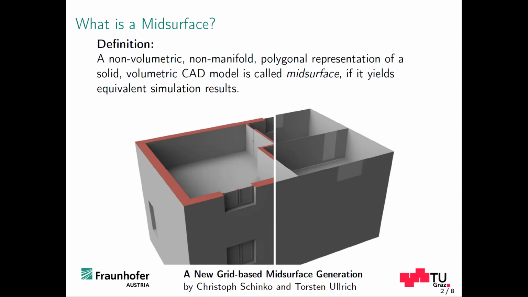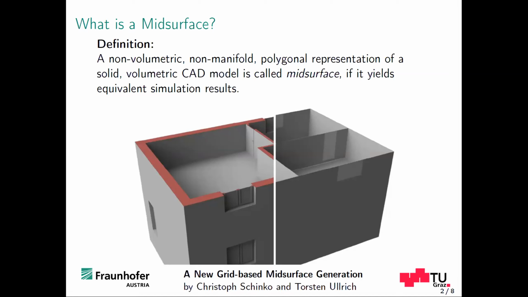So the correctness of any mid-surface transformation is heavily related to the given context. Typically that would be the context of the physical simulation one wants to perform, for example, the reproduction of thermal and mechanical processing using the finite element method or the like.